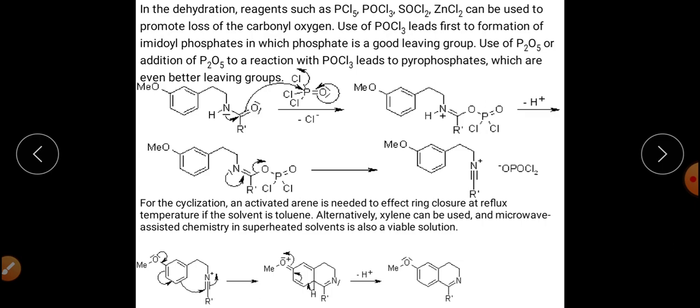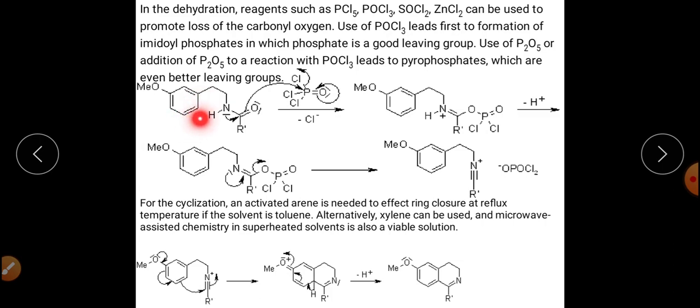So we basically use dehydrating reagents, and the dehydration will be followed by cyclization, and further if we want to convert dihydroisoquinoline into isoquinoline, then it will be followed by the aromatization process. How the overall mechanism takes place, I will show you through this slide.